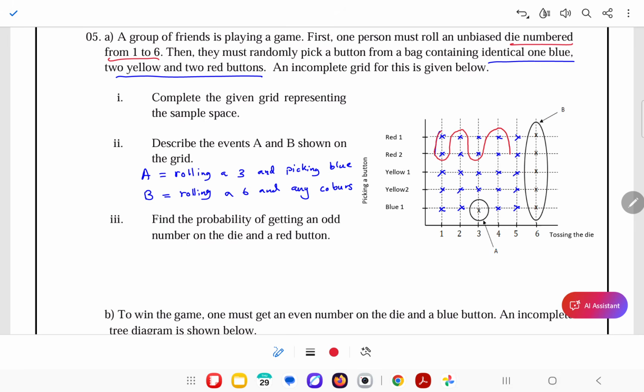Then 5 and red you can get. So that is 6 cases, right? 6 points, and total we have how many points? 6 into 5, 30. So 6 over 30. So 1 over 5 is this event's probability.